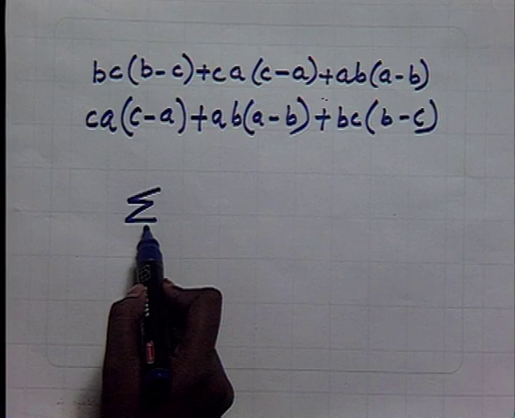In mathematics, expressions in cyclic order occur very commonly. They occur very frequently in simplification of rational expressions and polynomials. Many a times we use the Greek letter sigma to represent the sum of the terms of the same type written in cyclic order in abbreviated form.